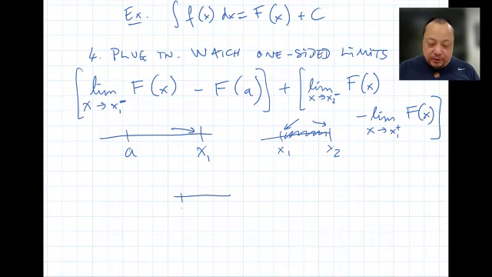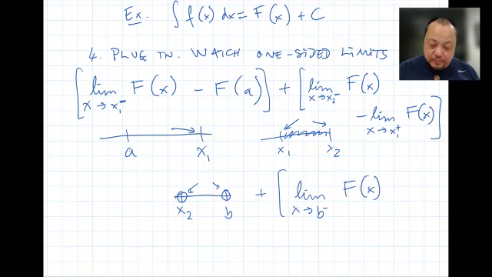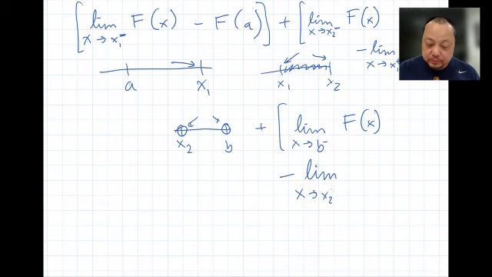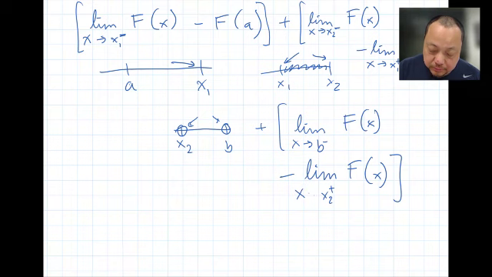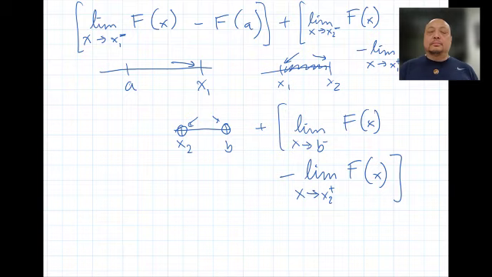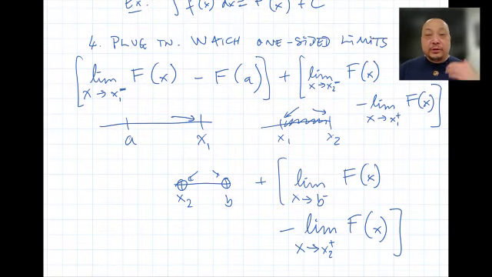And then the third integral, from x2 to b. Remember that in our example, we found points of discontinuity at both, so I'm going to have to do it again here. That's the kind of thing I need to pay attention to. I need to watch the one-sided limits.